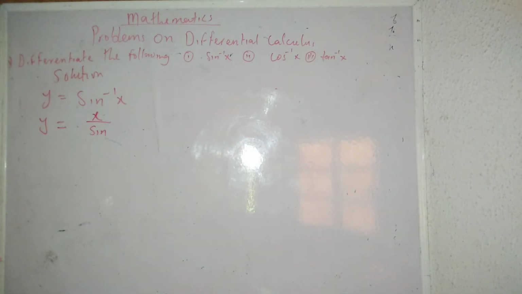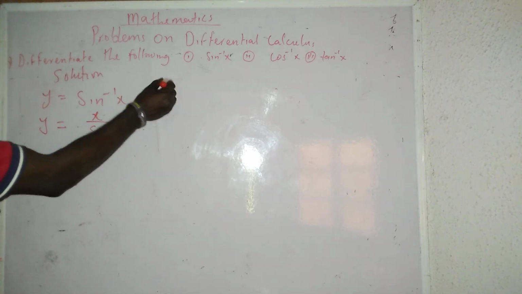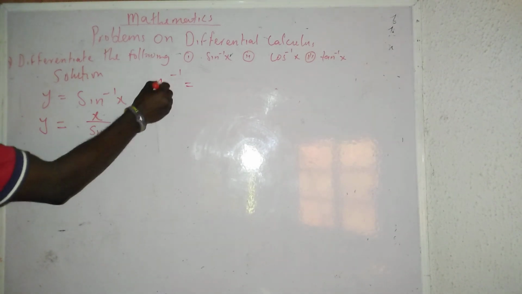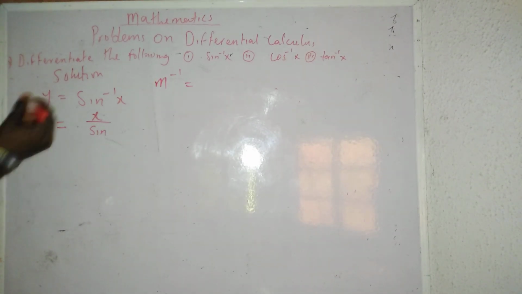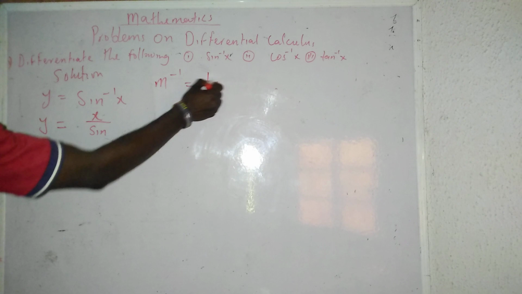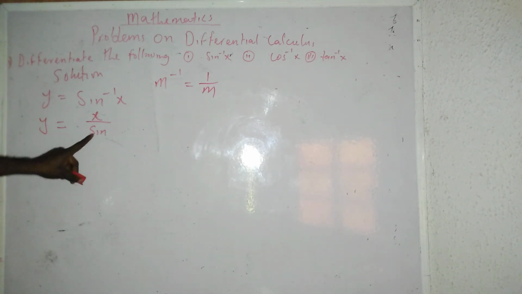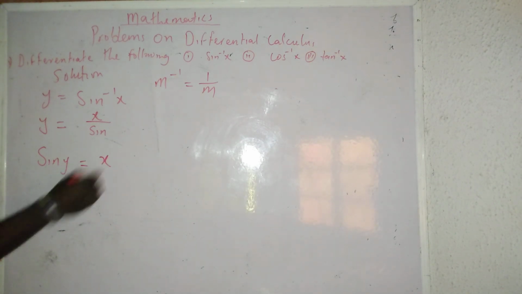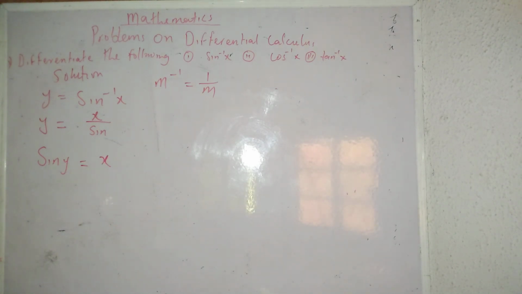Now, with the help of my indices, if I have m raised to power minus 1, it is the same thing as 1 all over m. The same thing here. Now, this can now be sine y equals x. I cross multiply.